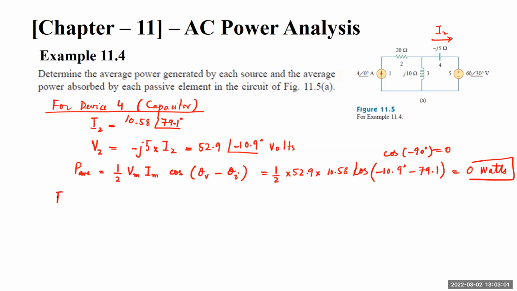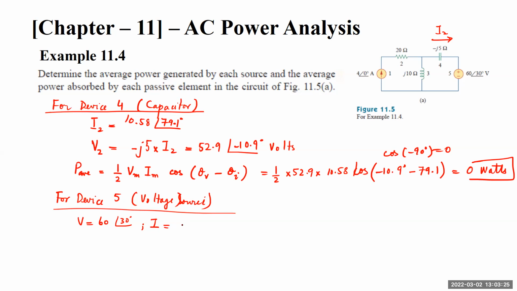Now let's see device number 5, the voltage source. What is happening across the voltage source? The voltage V of the source is 60 angle of 30 degrees, and the current flowing from positive to negative side is I2, 10.58 angle of 79.1 degrees.